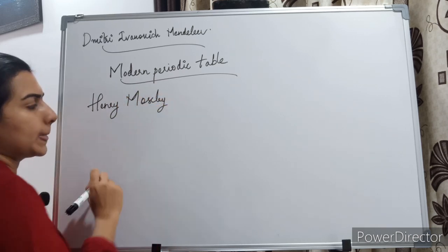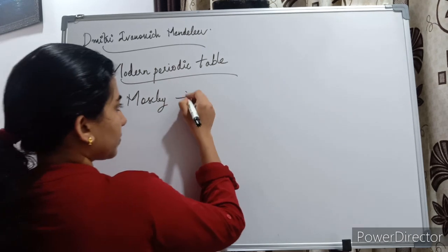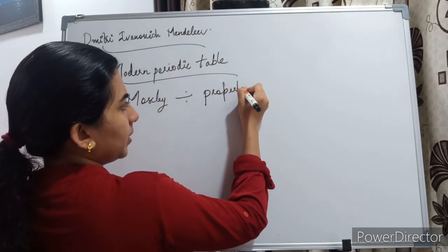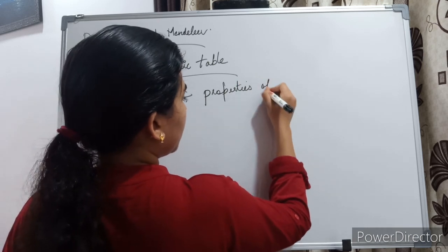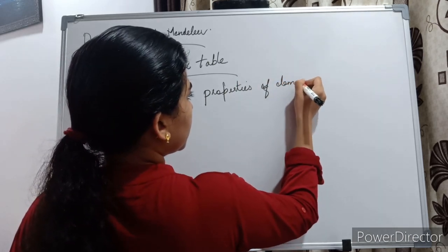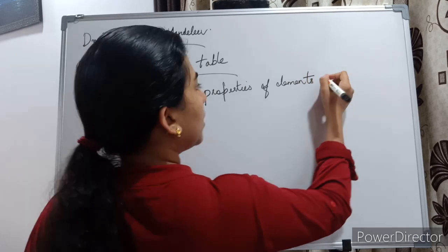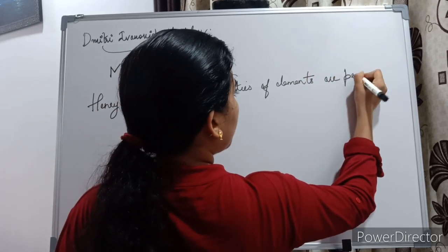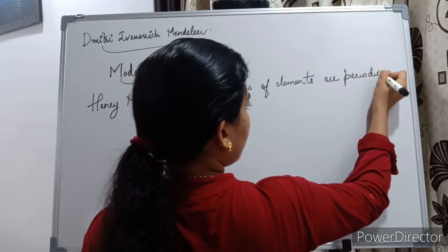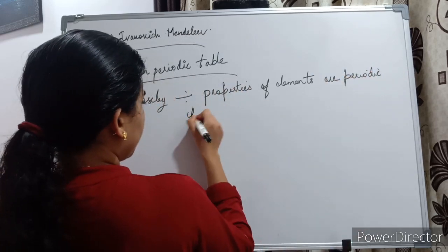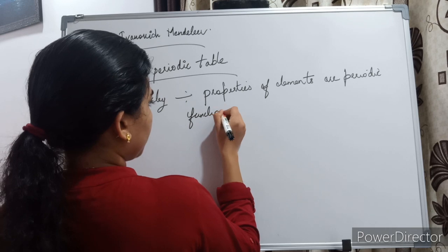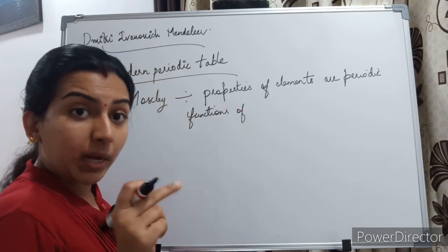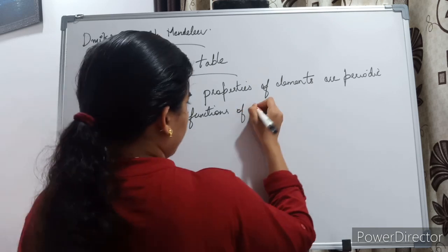He said that properties of elements are a periodic function of not atomic mass number but of atomic number.